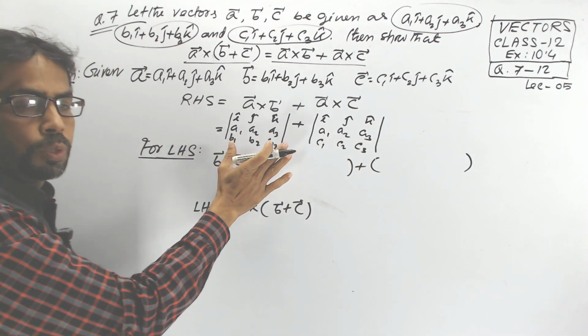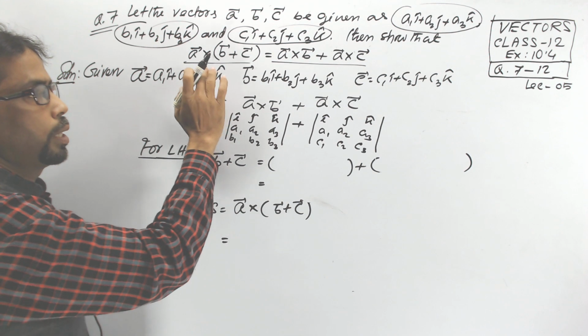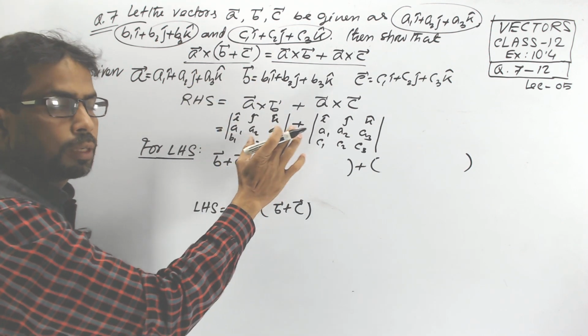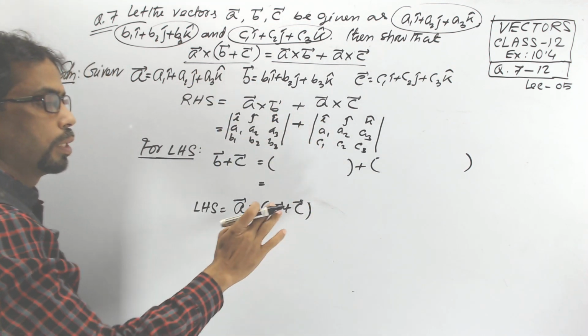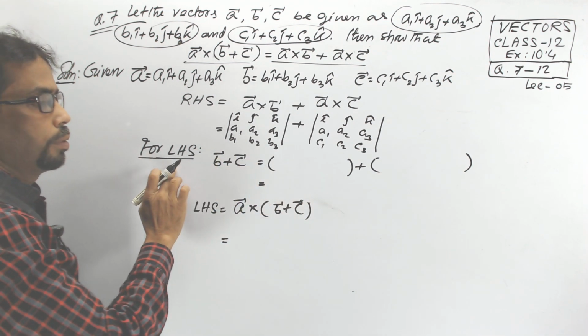So this is the RHS. We don't have to calculate to show LHS equal to RHS. We need not find the value of the determinant. We will keep it like this, and we will see the LHS now.